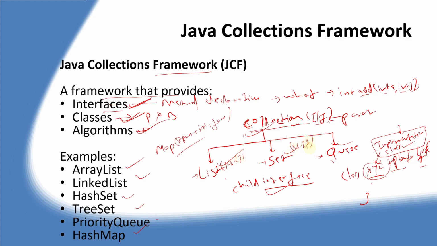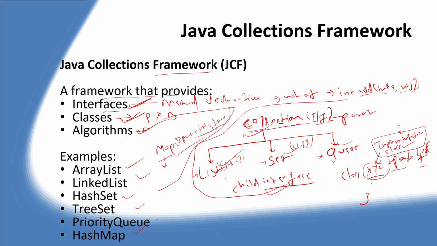So remember, collection is the parent interface, and list, set and queue are the child or sub interfaces of collection. And map is a separate hierarchy, with separate interfaces. So we will see map separately, and we will see collection, list, set and queue separately.